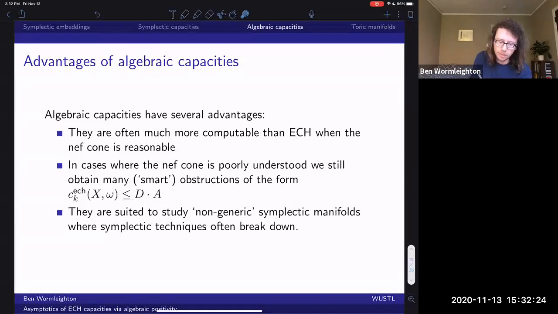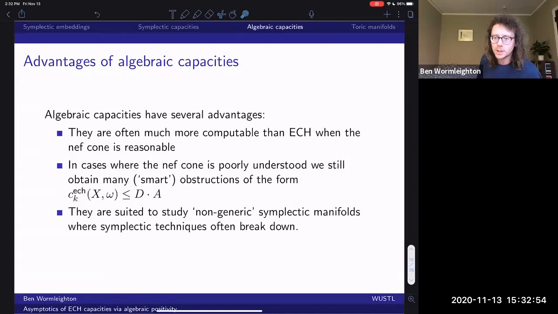And all this is "smart" in inverted commas. This smart means we also can guess, at least for large K, that optimizers look a lot like multiples of A, and so that gives you a way of getting a not crazy estimate also. And so one of the main things that I'm going to try to discuss for the rest of the talk: algebraic capacities also thrive in the non-generic setting.